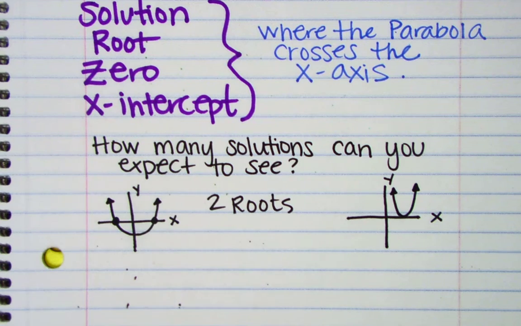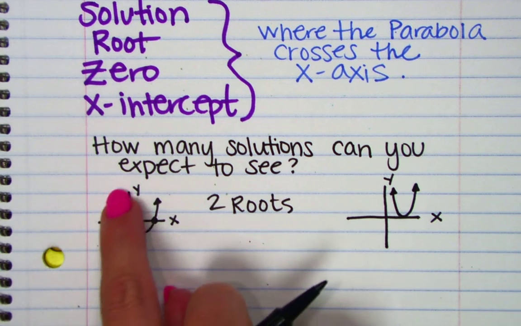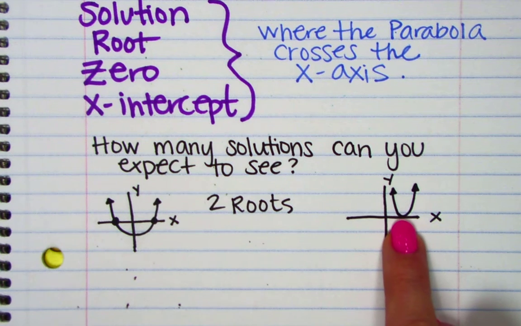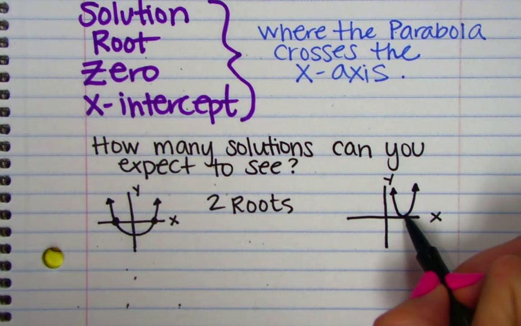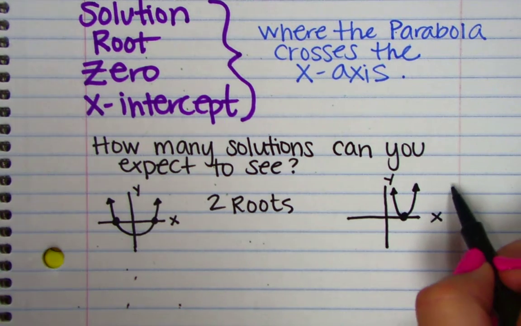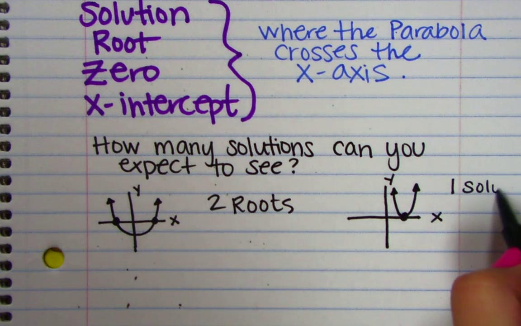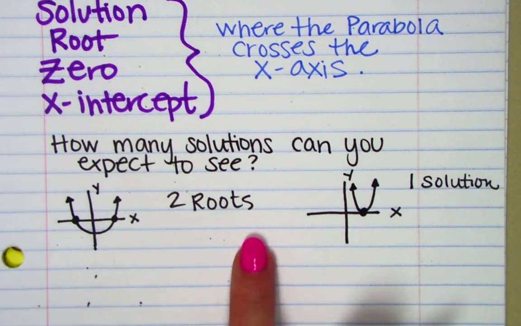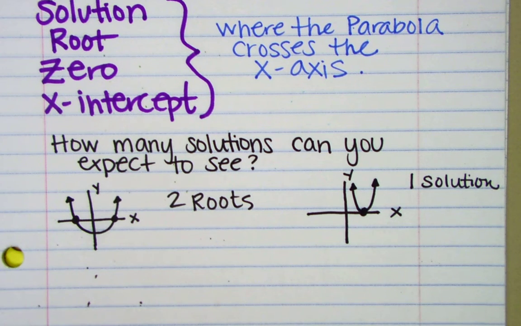Maybe if it was a negative parabola, it would go up, come back down, and cross 2 times. Sometimes, though, it only dips down, and I would call it like it dips down and just kisses the x-axis. Okay, it doesn't cross it; it just touches it. So how many is this one? Right, 1. I'm going to call that 1 solution. I could also say 1 root. Same thing. Means the same thing.